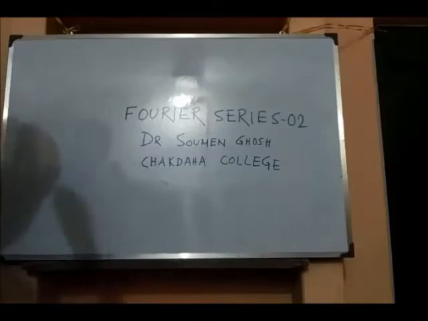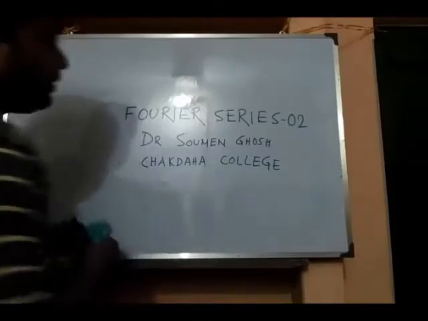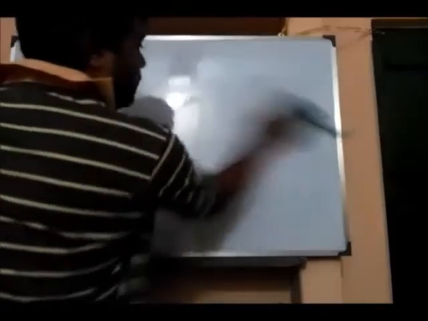So this is the second class of Fourier series. In this class, the topic I am going to cover, obviously in the first class, I gave some introduction about the Fourier series, what it is.